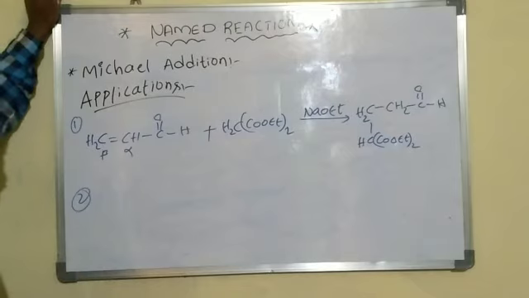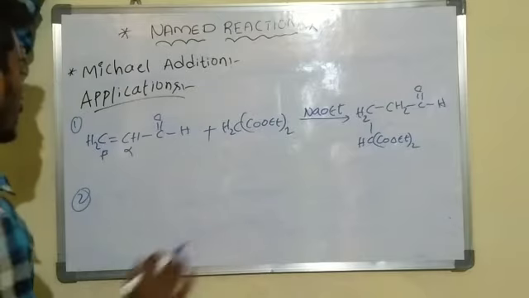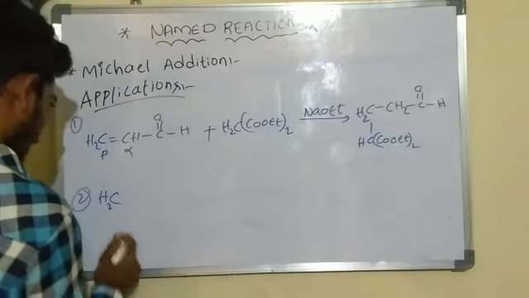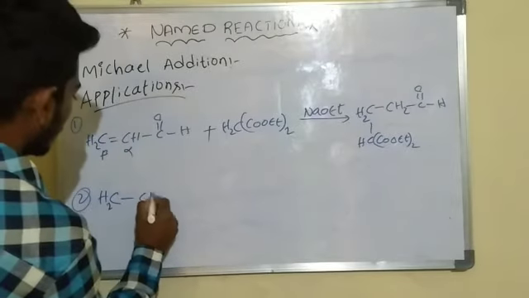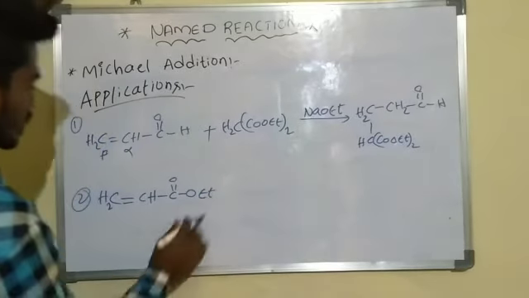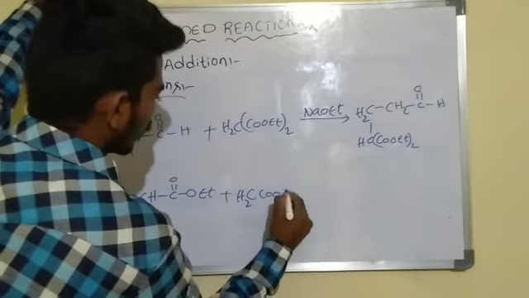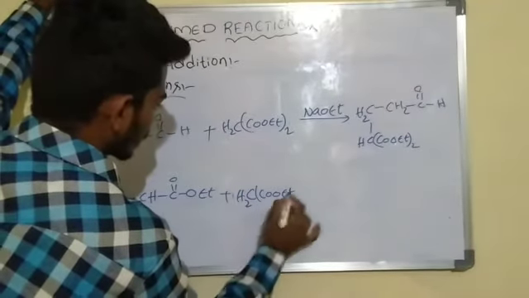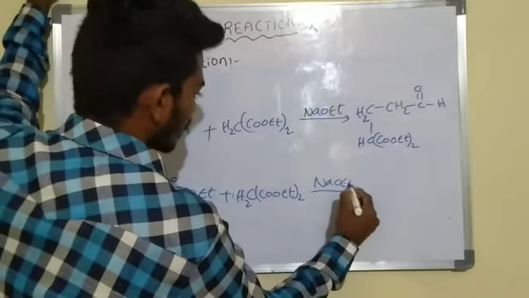Now, for the second application of the Michael addition reaction, we take the reactant that is an alpha beta unsaturated ester. This alpha beta unsaturated ester is treated with the active methylene group, CH2(COOEt)2, in the presence of base.